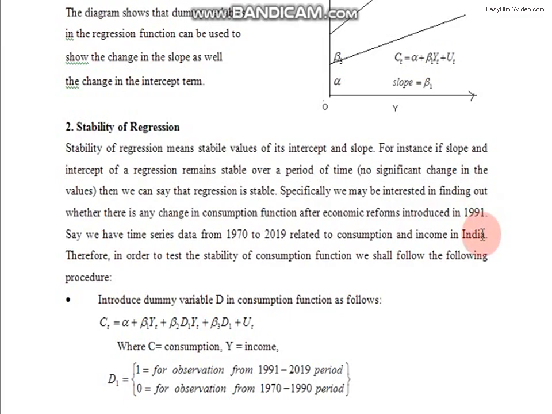So in place of dividing data into two parts, we'll use a combined sample from 1970 to 2019, and we use dummy variables to see the effect of reforms. That is, how the consumption function has changed after 1991.